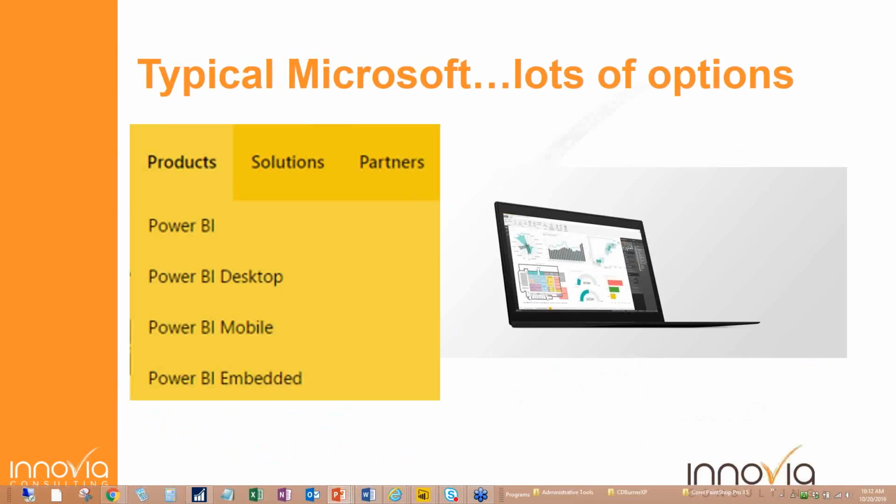But that one's a little bit different. We're not really going to speak much about that today, but Power BI and Power BI Desktop, whether it's the online or desktop version, similar to the Microsoft Office program, they are very similar. The online version is very similar to the desktop version. We'll look at both of those in a little bit.